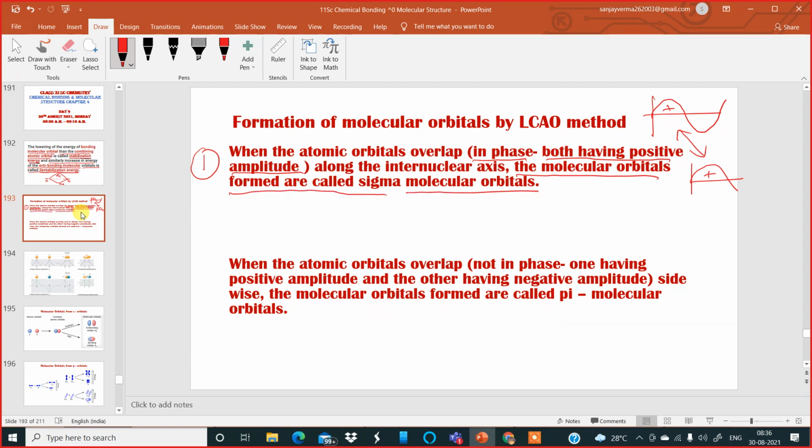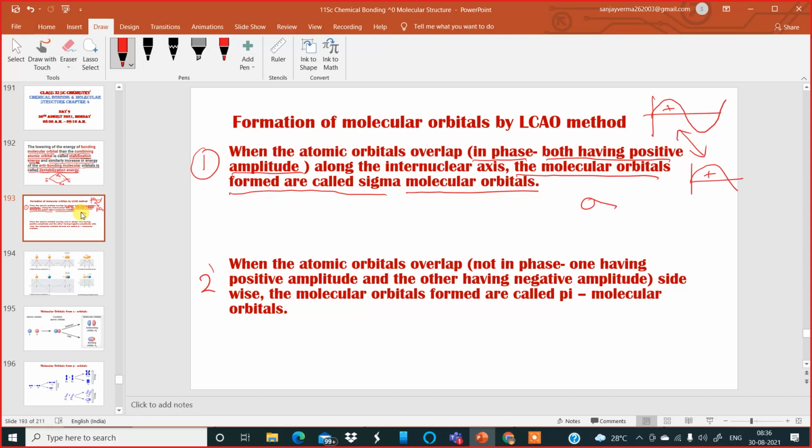So when the orbitals overlap in phase along the internuclear axis, the molecular orbitals formed are called sigma molecular orbitals.